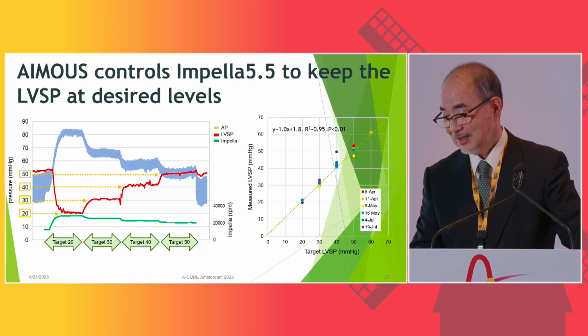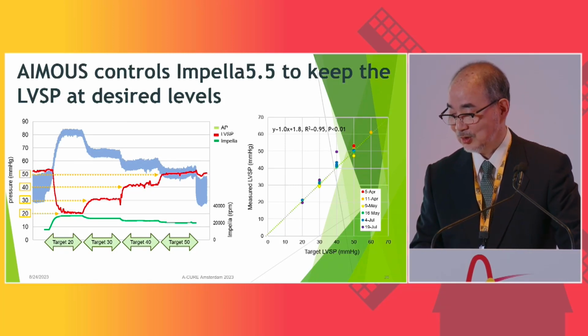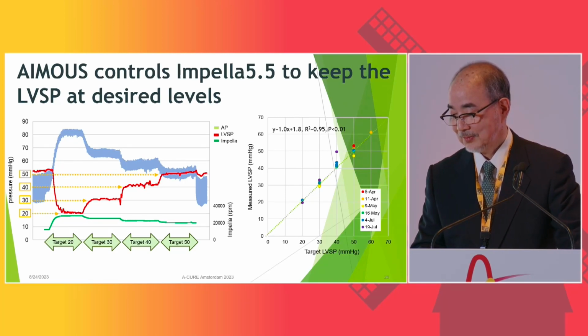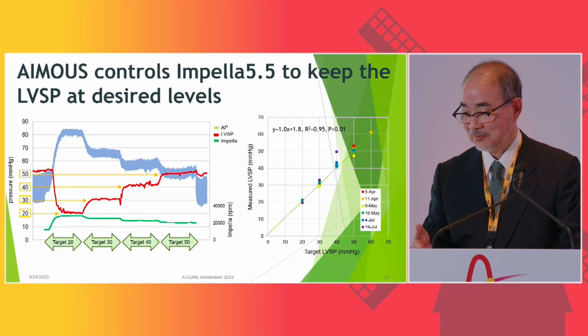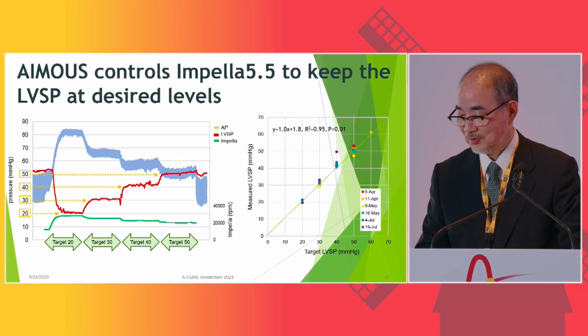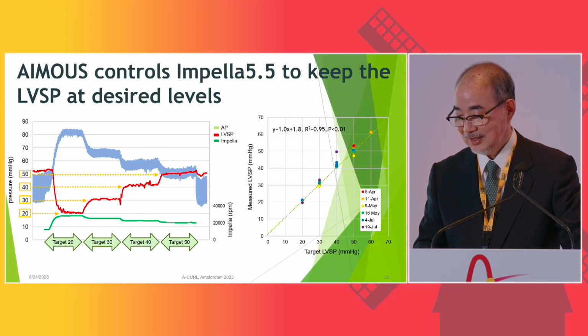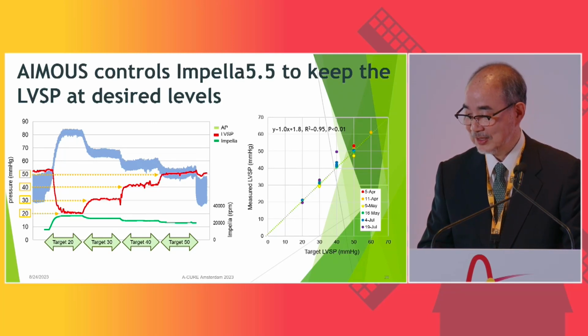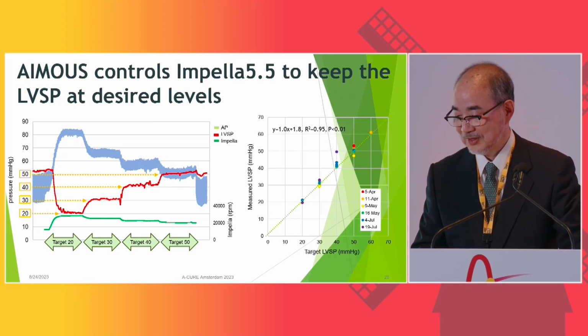We can control LV systolic pressure, whatever the value we want. And we imposed volume perturbation, and again, ventricular pressure remains unchanged. So as long as we are careful, we can achieve this using the digital twin system.